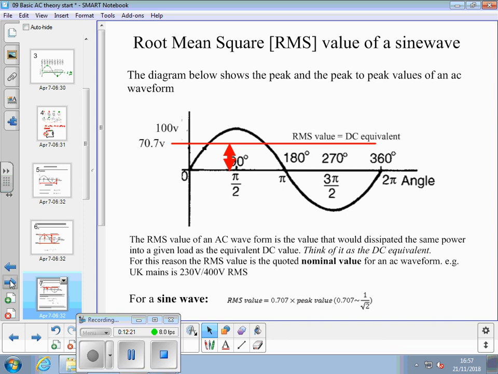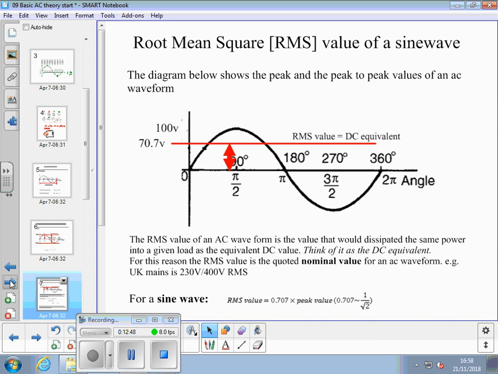So if we take our wonderful AC mains in the UK, 230 volts, that nominal voltage, the stated voltage of that, is the RMS value. It actually peaks at 300 and some odd volts, we'll calculate it in a minute. It's a straight line value, it doesn't go up and down.